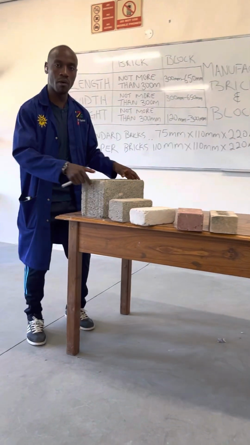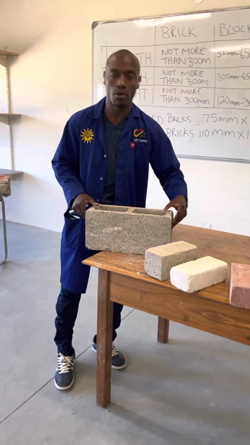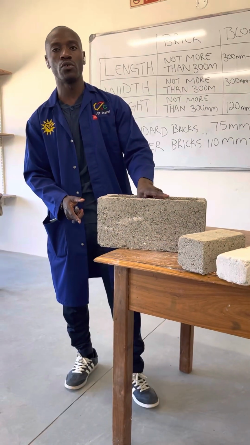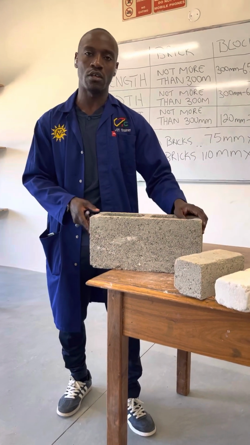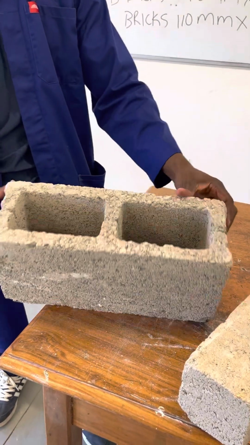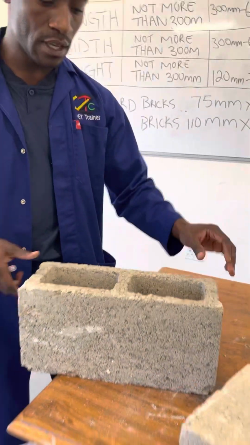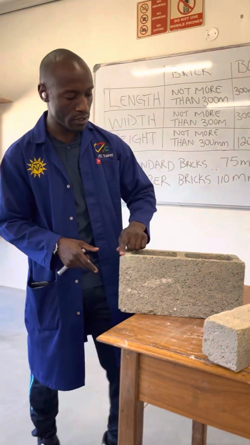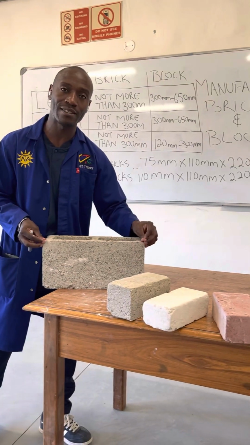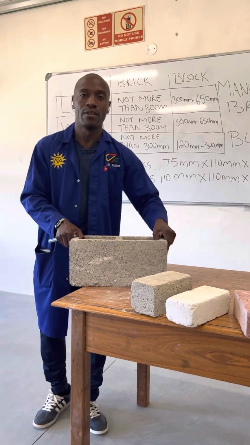We have a block. This is a prime example of a hollow block. These blocks are mostly used in the coast, but they are also used anywhere else in the country, though they're most common in the coast. In this case, it shows that the block's length does not exceed 650 and it's not less than 300.